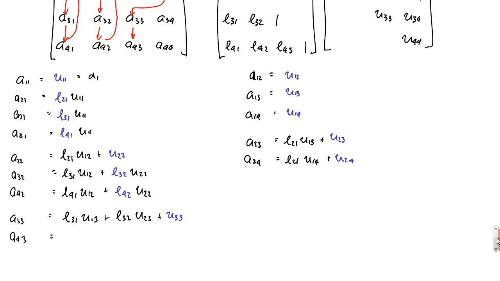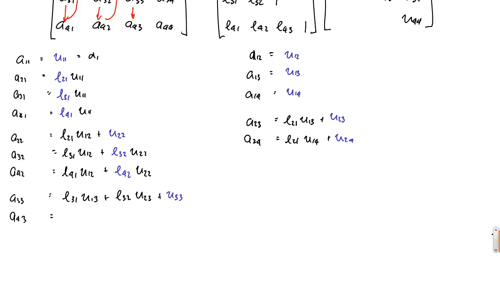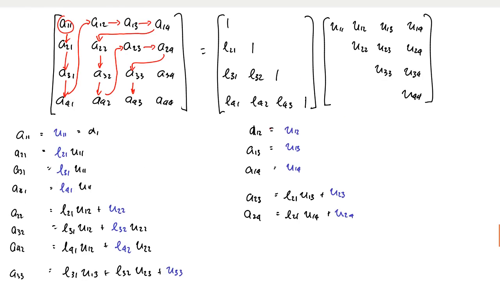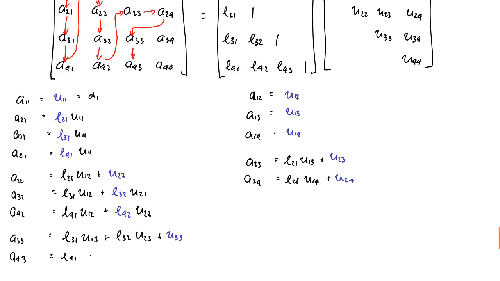I'm getting myself confused. A43, that one there, row 4, so L41 U13 plus L42 U23 plus L43 U33 plus, what's missing? L43 was our new one.